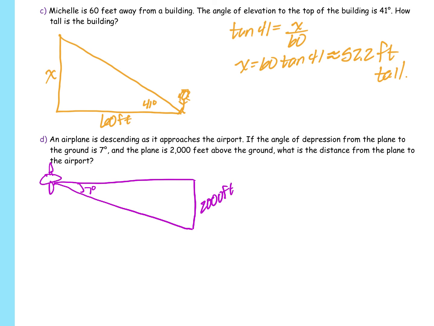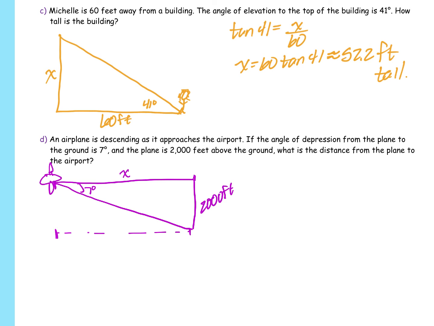What is the distance from the plane to the airport? This is the distance from the plane to the airport, not this distance. Or on the ground, it would be this distance here.